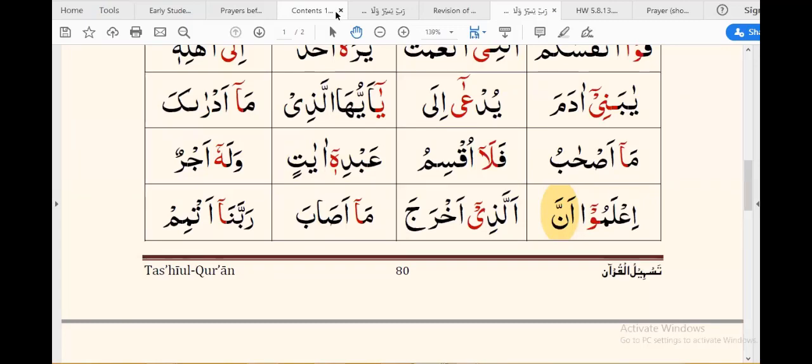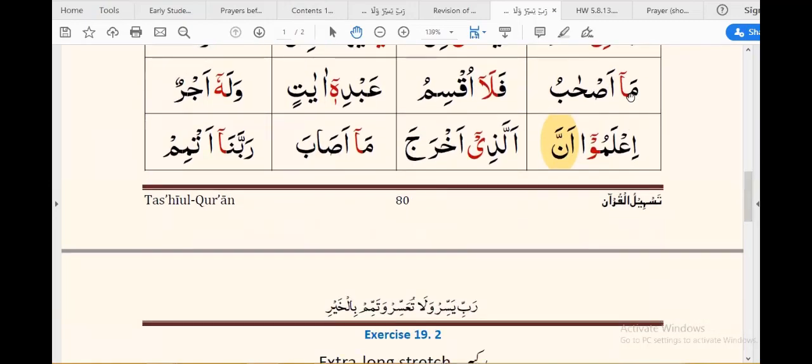So let's carry on to the next line now. Over here you have a meem with a fatha followed by an alif madda and the madda saghir on it. Okay, so stretching it for 3 to 5 seconds. Ma. Excellent.